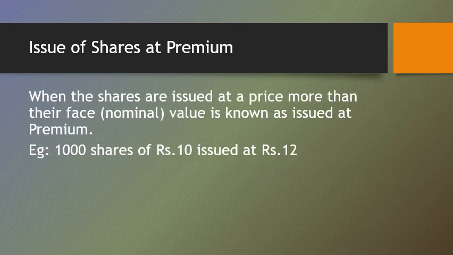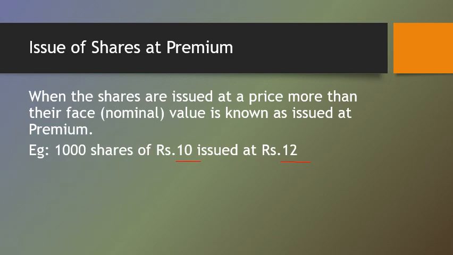Then issue of shares at premium. Issuing shares at premium means the shares are issued at a price more than the face value. See the example here: 1000 shares of rupees 10 each issued at rupees 12.